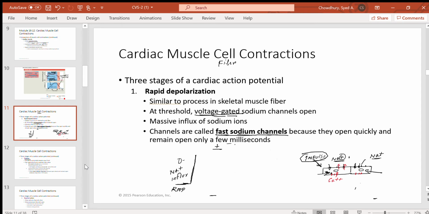So you see, calcium is getting in, that means positive ion is getting in, but some positive sodium is getting out. So the membrane potential will not change much, will stay like that. That is called the plateau that I mentioned.